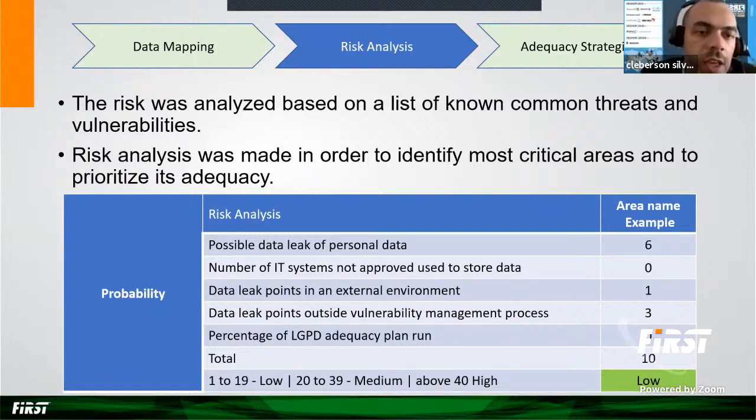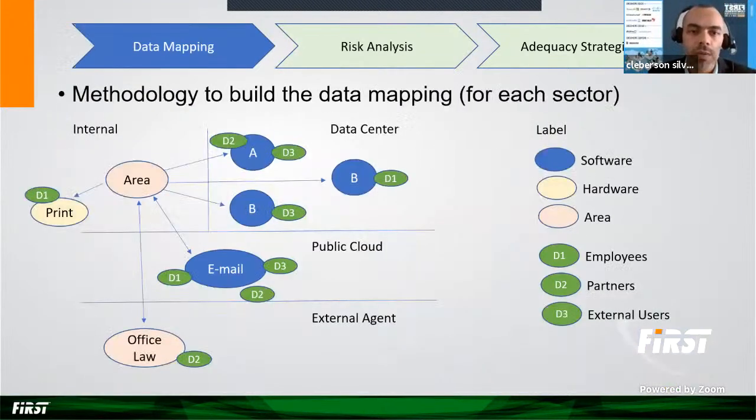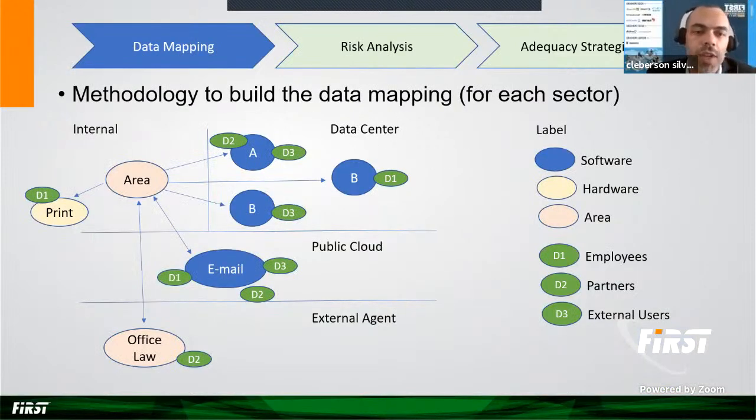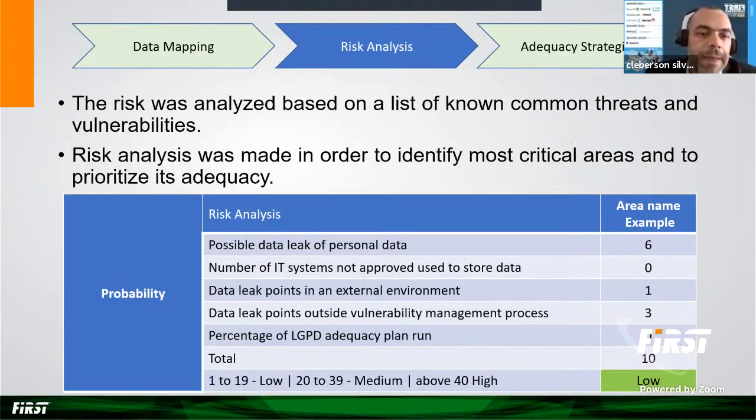This includes all circles, all points in the data mapping: the number of unapproved IT systems used to store data, data leak points in an external environment, which in this example is the office law, and data leak points outside the vulnerability management process, and the percentage of the LGPD adequacy plan run.